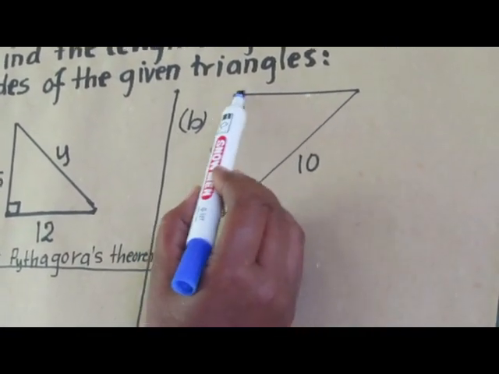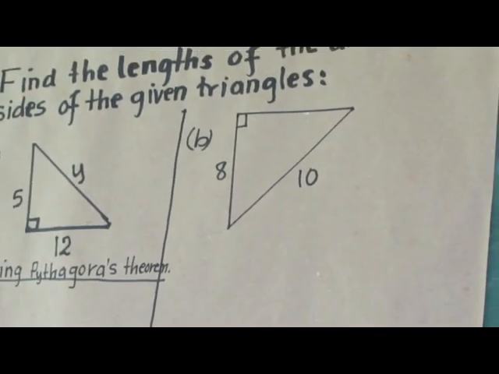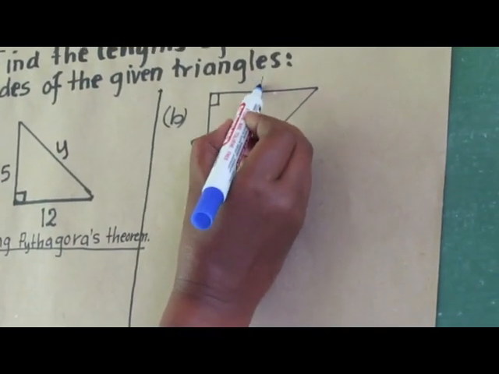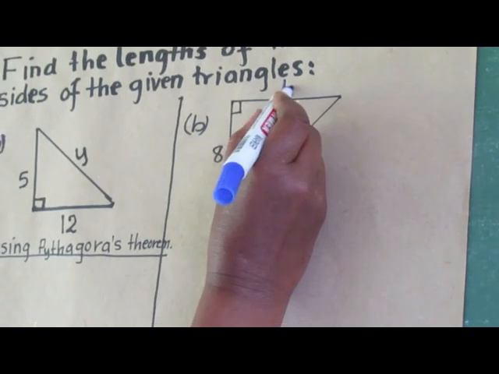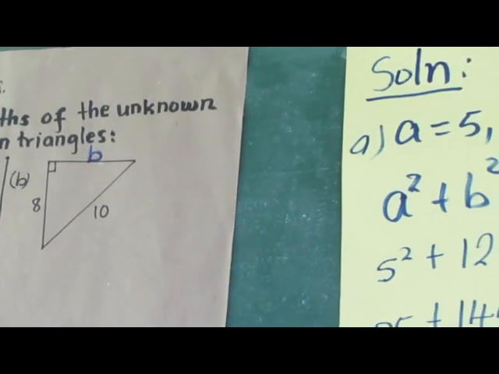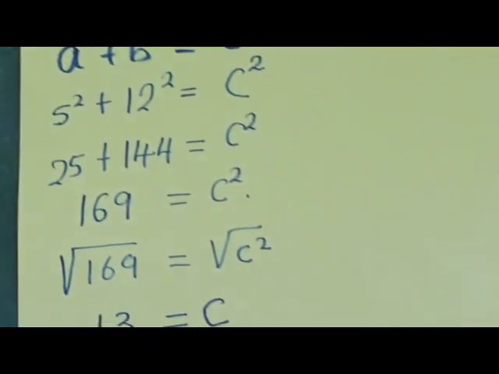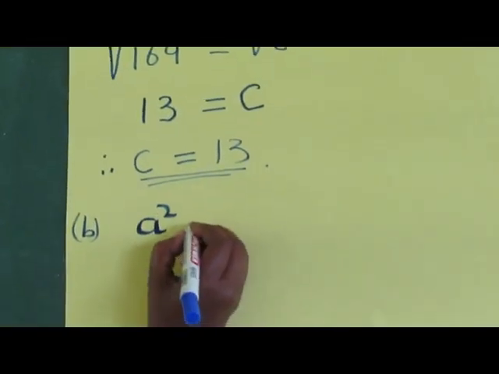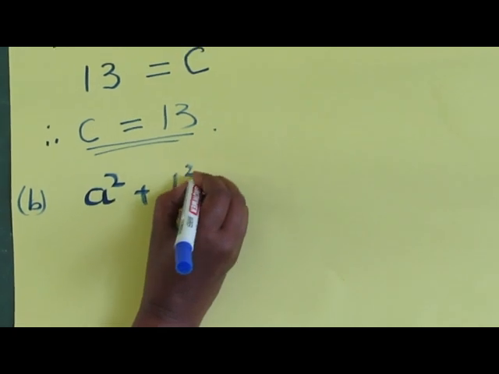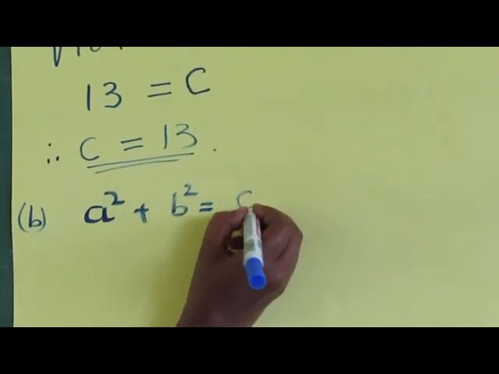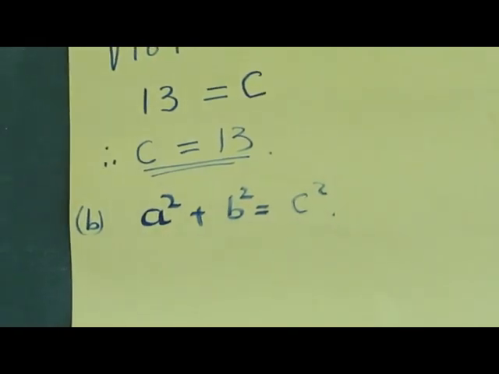Yes, the base is missing. Now you have to find the base, which is b. By using Pythagoras theorem, we have a squared plus b squared is equal to c squared. What is given here?